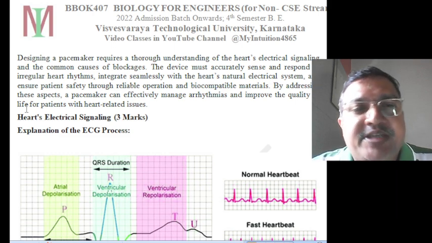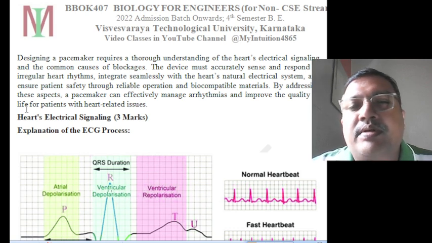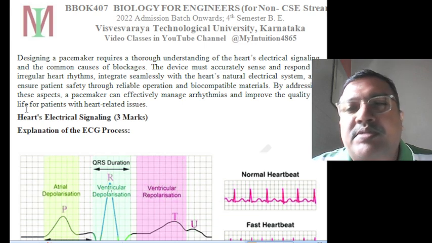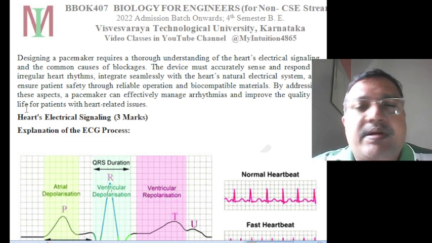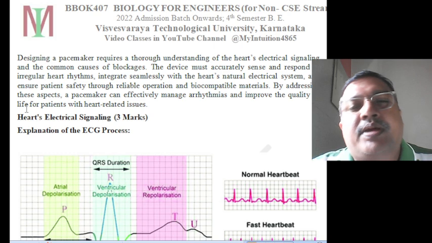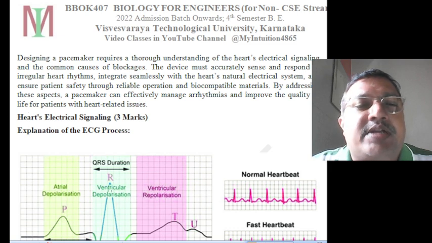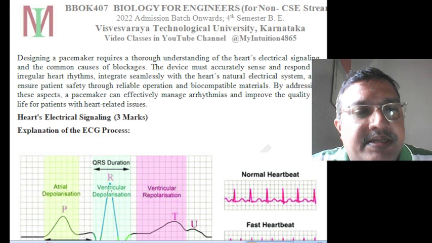Designing a pacemaker requires a very thorough understanding of the heart's electrical signal and the common causes of blood blockage. The device we are making should sense accurately and respond to irregular heart rhythms.